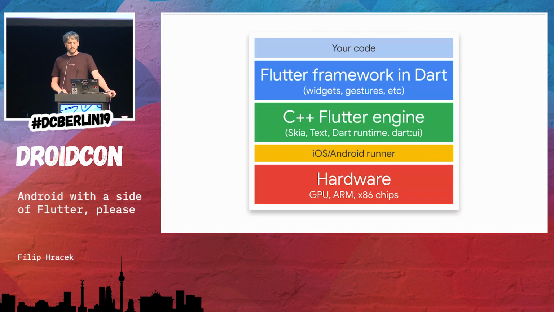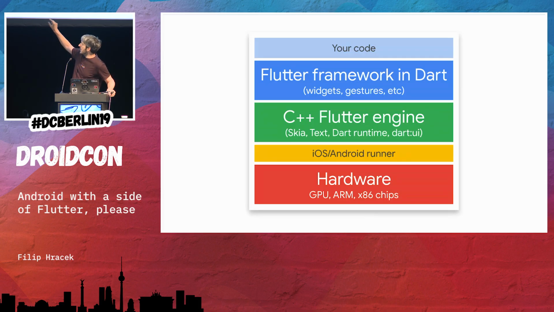Okay. So this is basically the main slide: any Flutter app, if it is only a Flutter app and not something we'll cover next, the adding to iOS or Android, is running basically straight on the hardware.